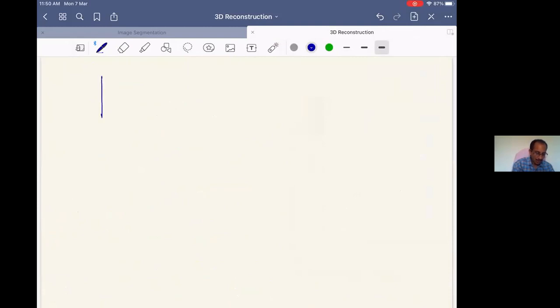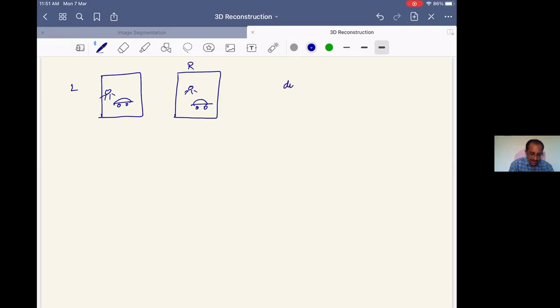Say we have a scene with a left image and a right image of the scene that are captured, and there are several objects in the scene, in both left and right images. Given this information, we would like to see the distance of different objects in this scene. What we know is depth, in terms of focal length and the baseline of the cameras, is equal to fb by disparity.